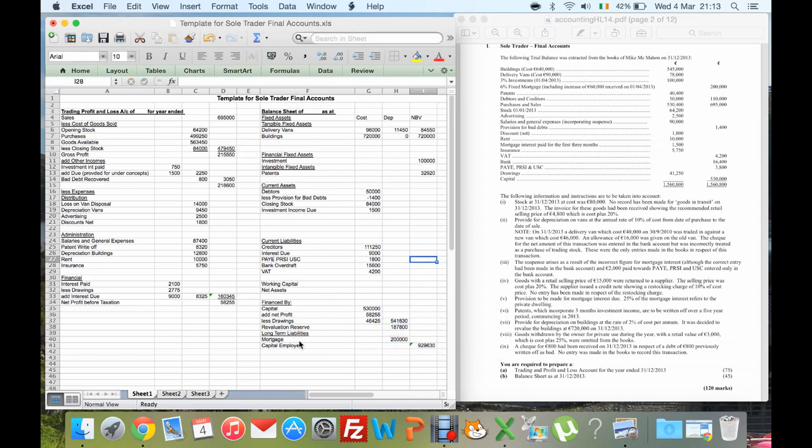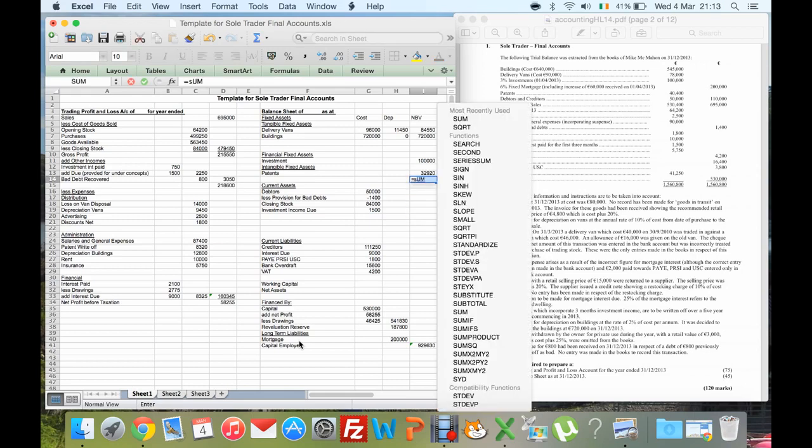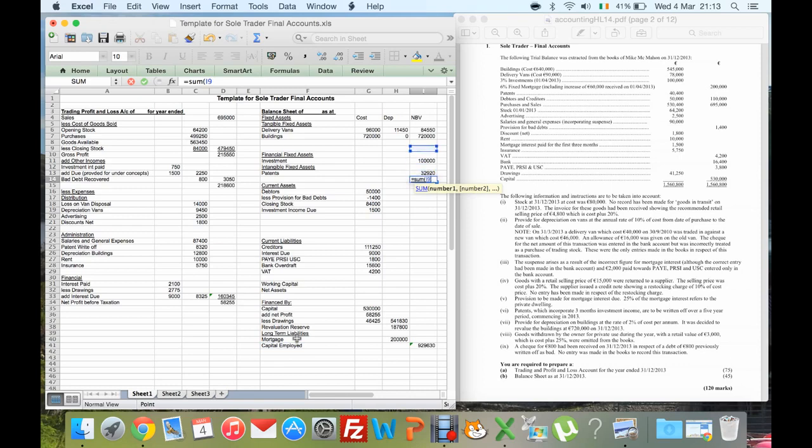So moving up here to get the total of the assets. So that's the total fixed assets. Now we move to our current assets.